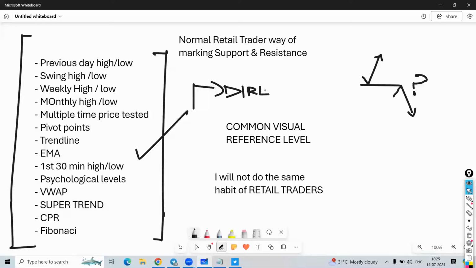So for me, these are just a confirmation tool to find direction. That's it. These are just one or two I might use whenever required, to find direction.